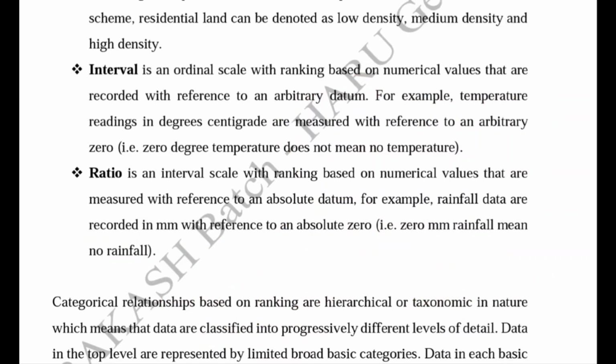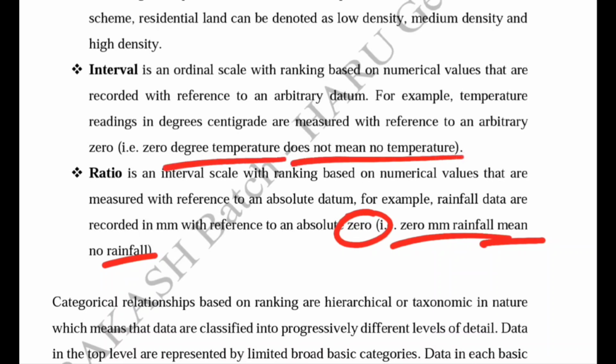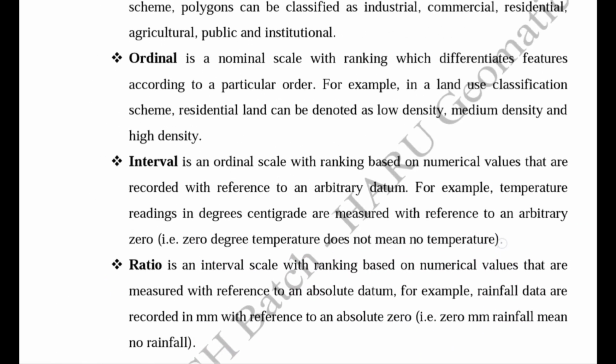So in this scale, 0 means nothing; 0 mm rainfall means no rainfall. But in the case of temperature, 0 degrees does not mean no temperature. So this is the basic difference between the interval and ratio scale.